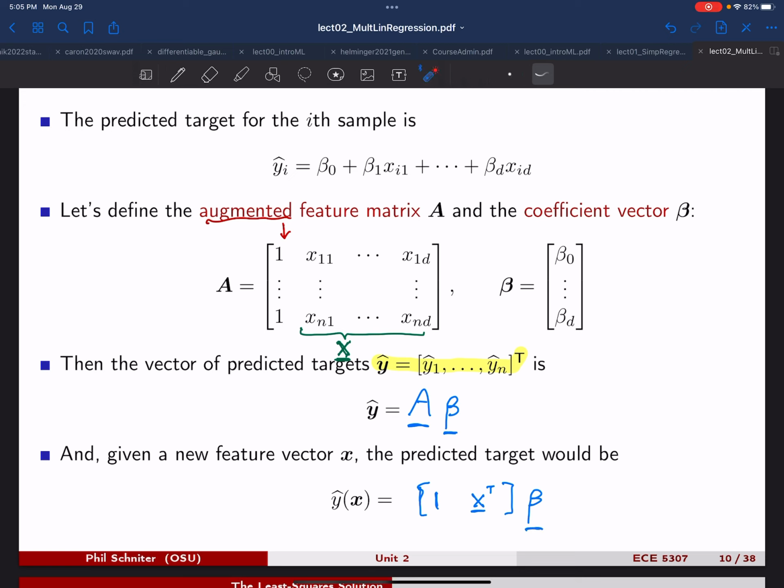Okay, so this beta vector is built like this. It has a top coefficient of beta 0 that's going to multiply this, and then all the other coefficients in beta will multiply the respective coefficients in this transposed x.